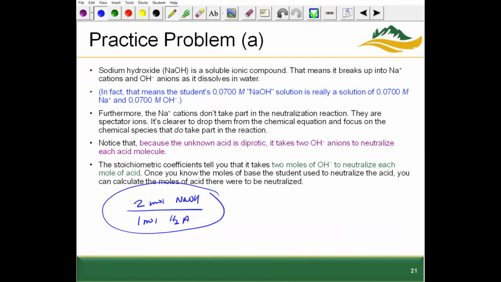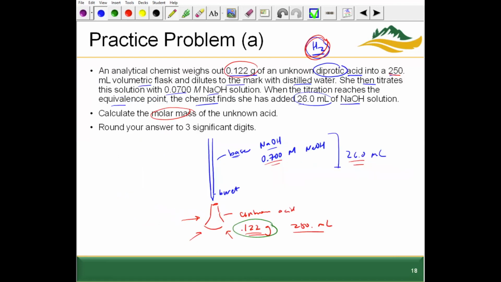So now if we can figure out moles of NaOH or moles of just OH minus, we can go back to then make the connection between moles of base and moles of our unknown acid. We want moles of our unknown acid to then get molar mass of our unknown acid. Remember, for stoichiometry problems, we have to work in moles. What we're told about the base is we have 26.0 mL that were used to reach an equivalence point, and it was 0.0700 molar.